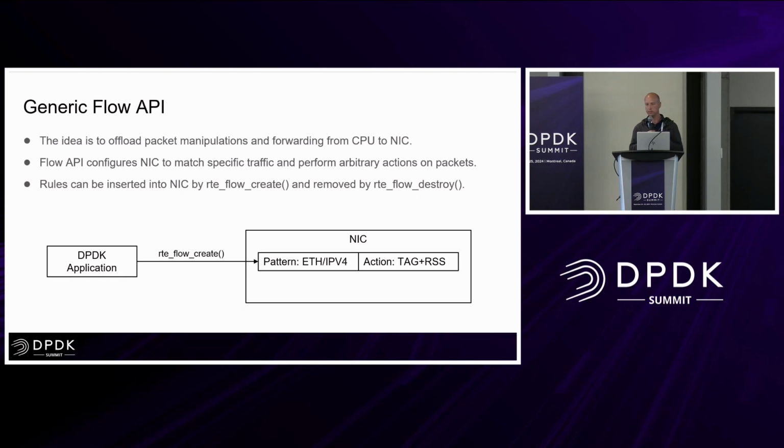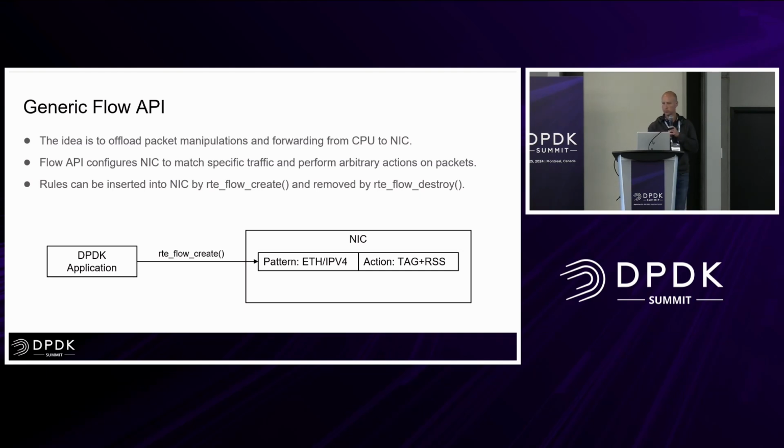The action list says what we are going to do with this packet. There are multiple ways to manipulate the packet: we can encapsulate it, decapsulate, encrypt, modify some headers, assign tags, forward it to some port, or do RSS to get to this application. And the list goes on and on.